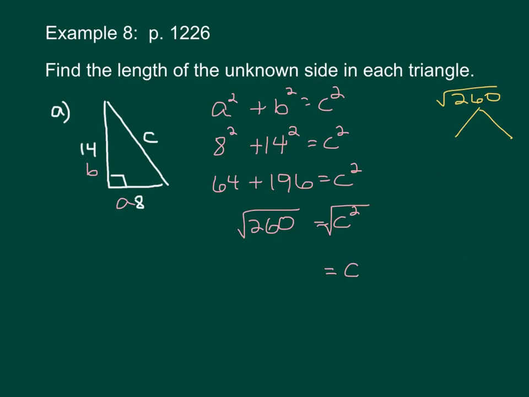So I think it's divisible by 4, so that would be 4 times 65, and then 65 is 13 times 5, but none of those are perfect squares, so that's the most that I can simplify. Alright, so the square root of 4 is 2, so it's going to be 2 times the square root of 65.